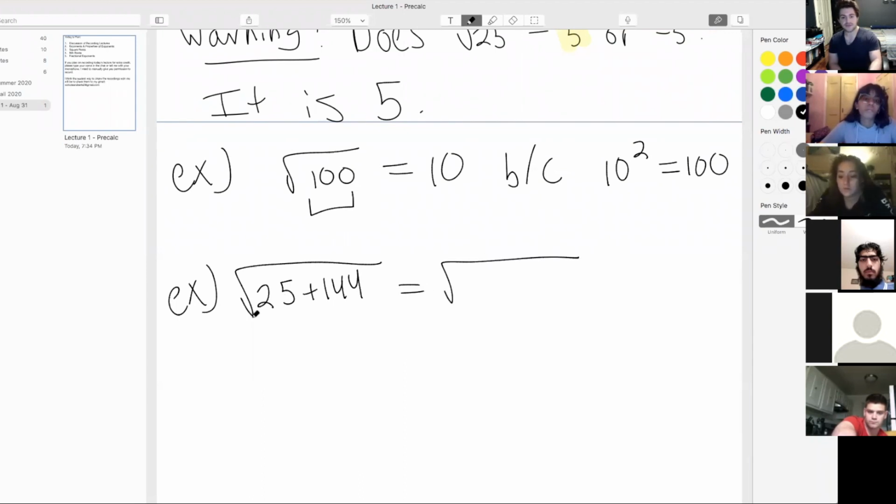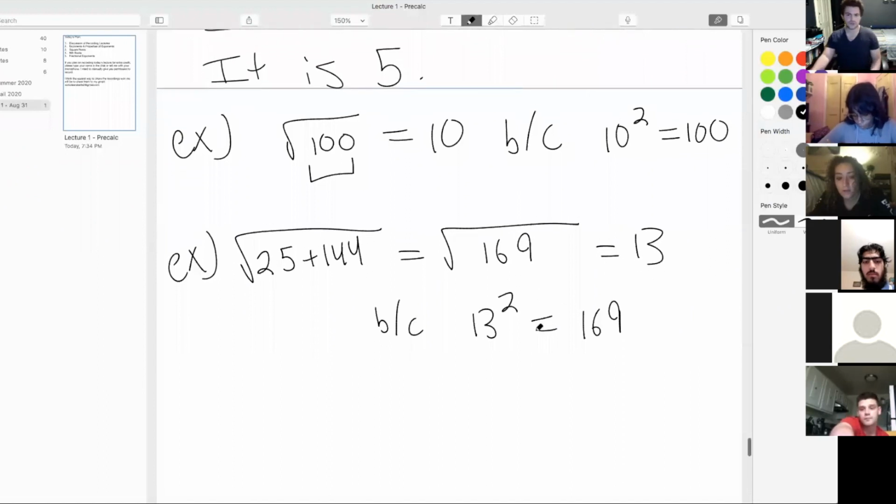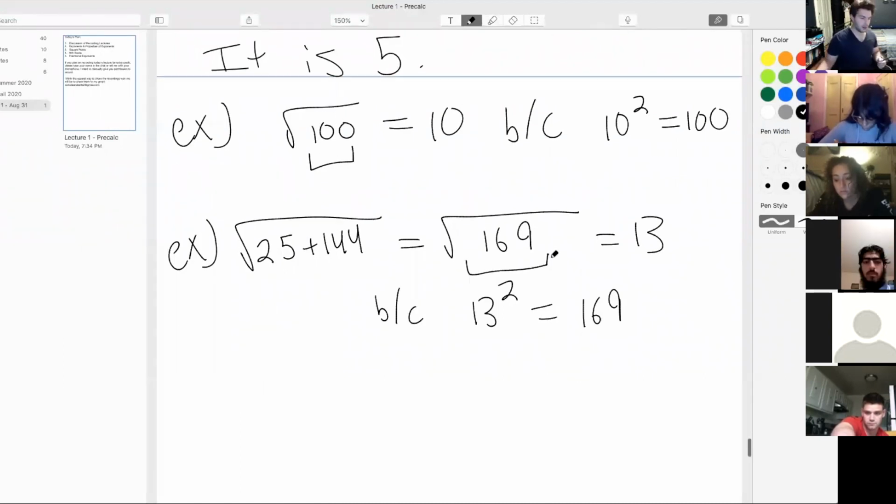If you just add up these two numbers, you'll get the square root of 169, and that is 13. The reason is that 13 squared is exactly 169. We're just finding a number such that when you square it, you get the thing under the square root. And 13 does the job.